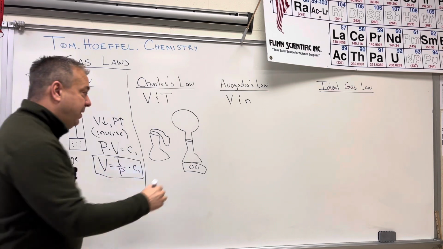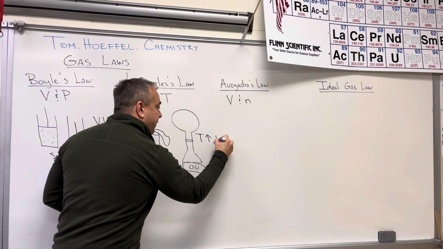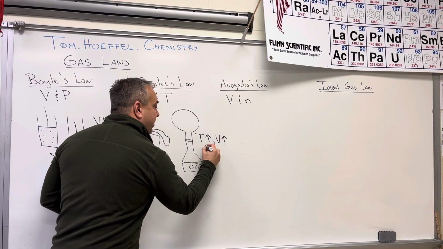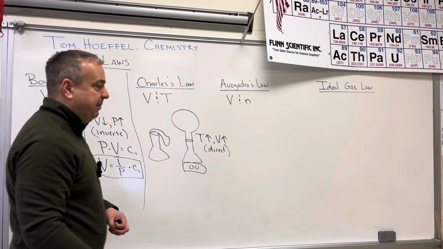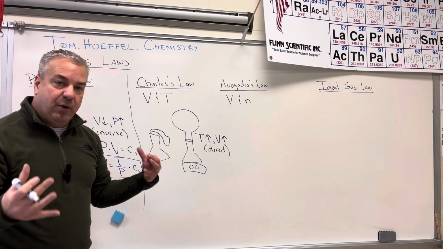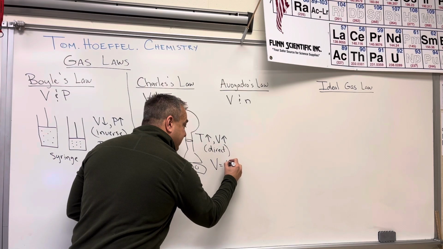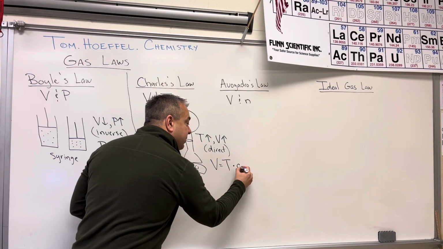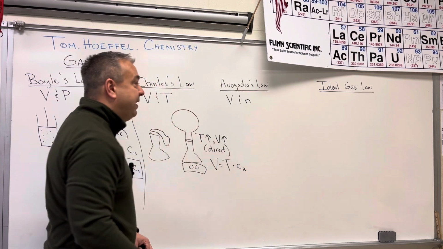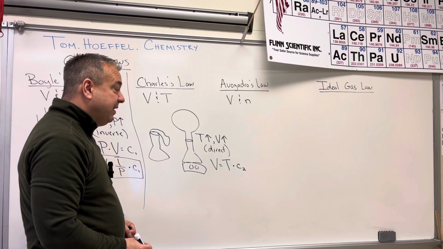So what we know is that as temperature goes up, the volume went up as well, and we call that a direct relationship. So how do we write an equation for this with a direct relationship? It's simply volume is going to equal temperature. Well, they're not equal to each other, they're proportional to each other, so we always have to multiply it by a proportionality constant. We're going to call that proportionality constant C2.